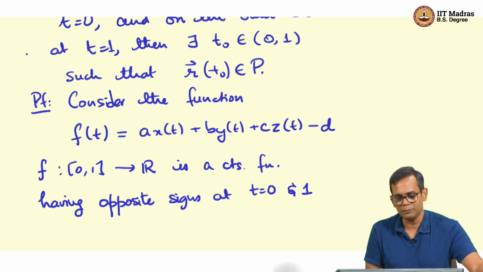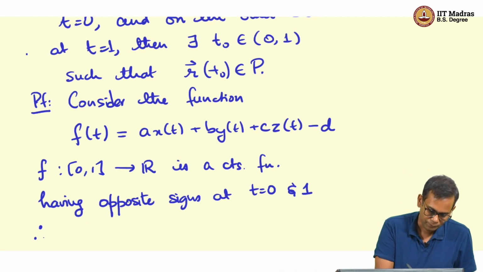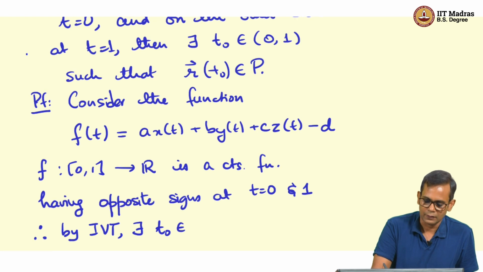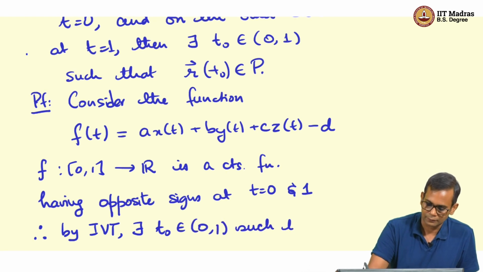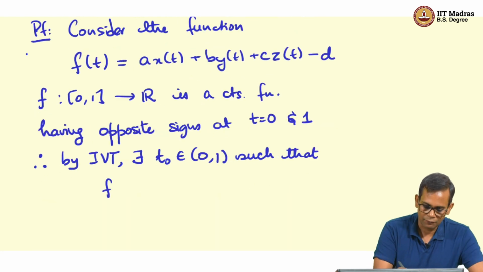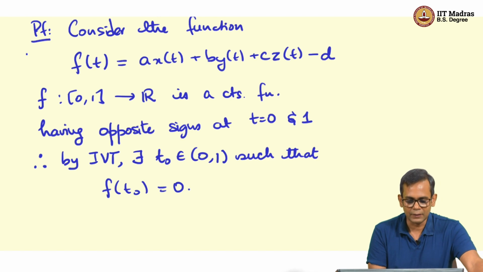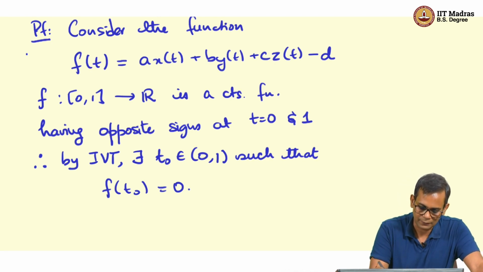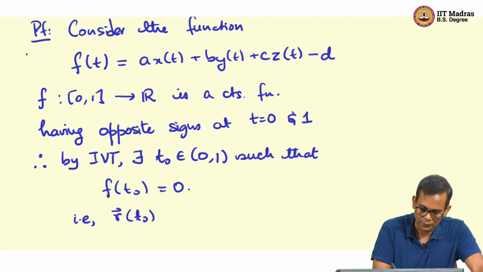And so, by the intermediate value theorem, there exists a point t0 strictly between 0 and 1 such that f(t0) is equal to 0. But if f(t0) is equal to 0, this is the same as saying that r(t0) is a point in the plane P.